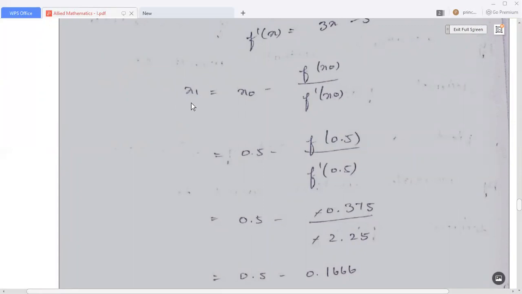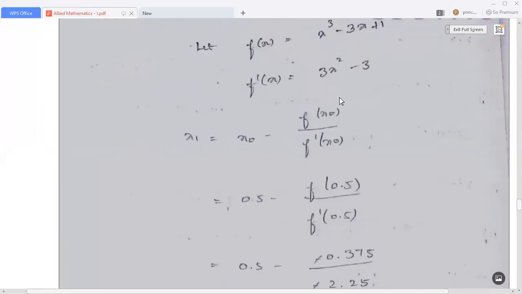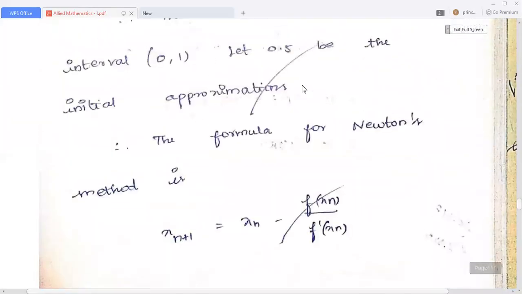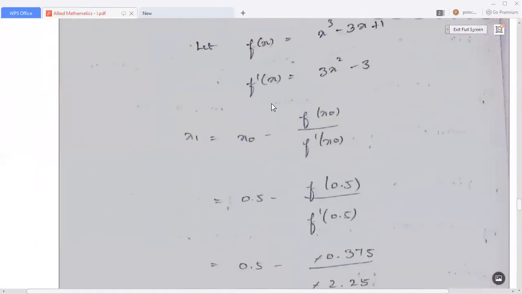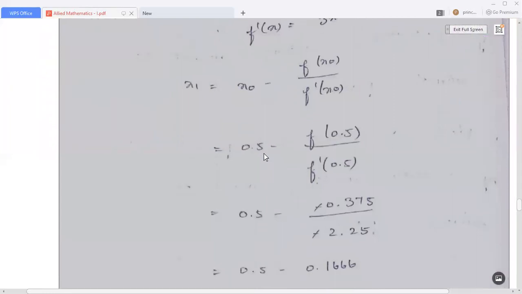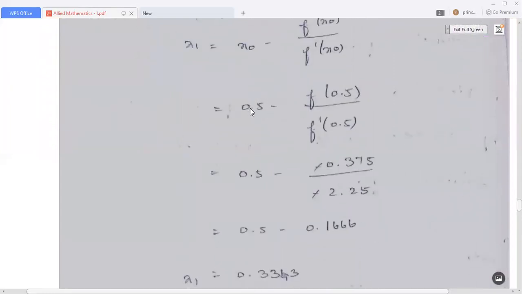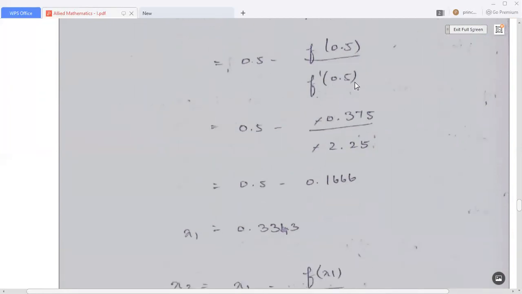So the first approximation is x1 is equal to x0 minus f of x0 by f dash of x0. Here the x0 value is 0.5. This value is to be substituted in x1. That is x1 equal to 0.5 minus f of 0.5 by f dash of 0.5.